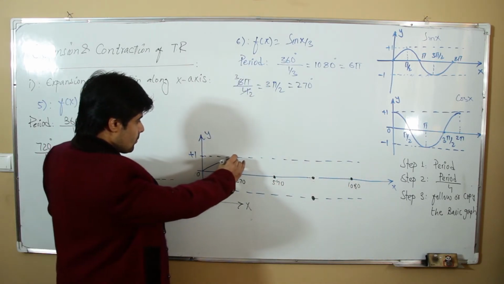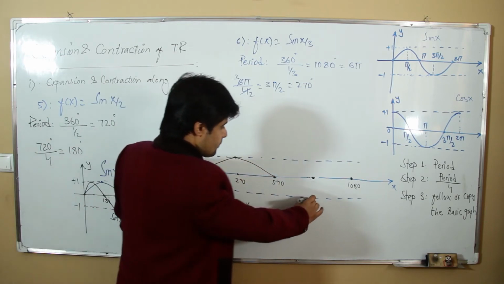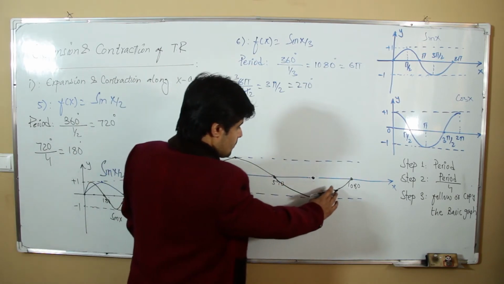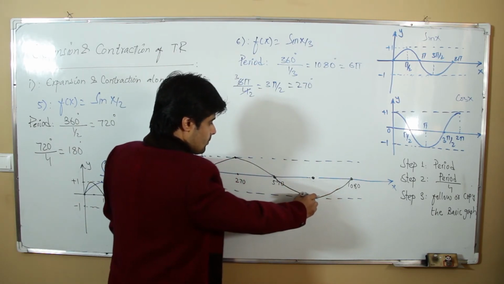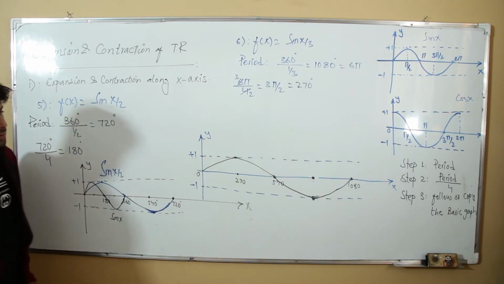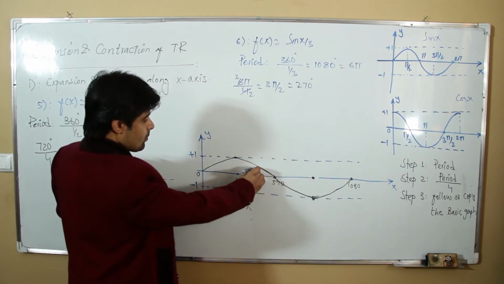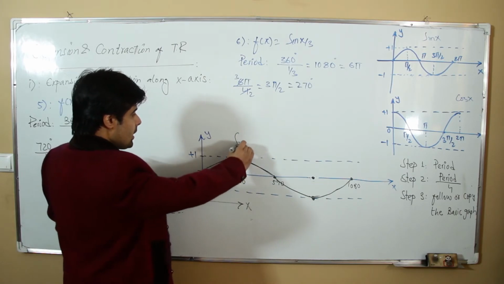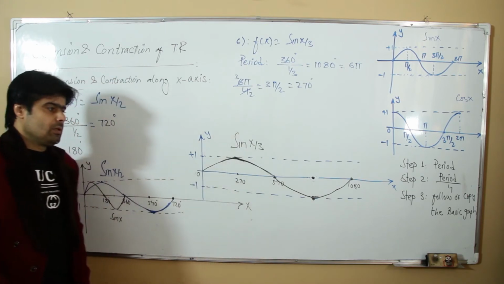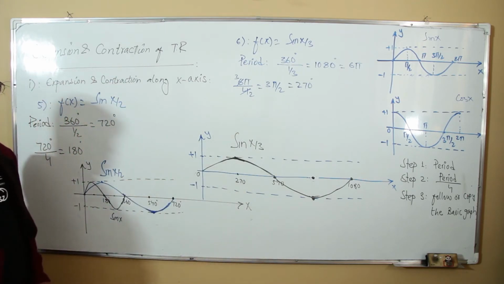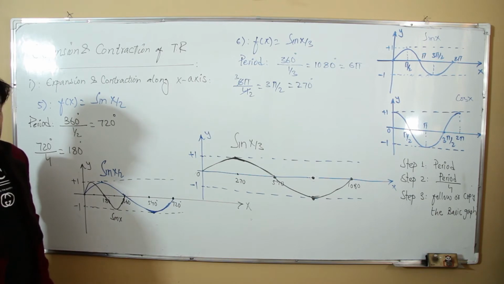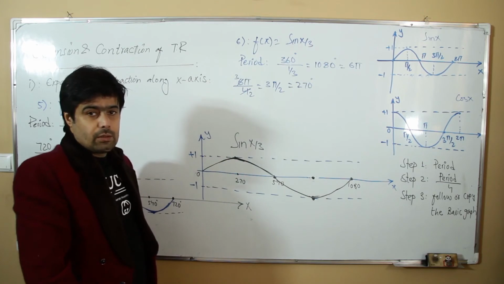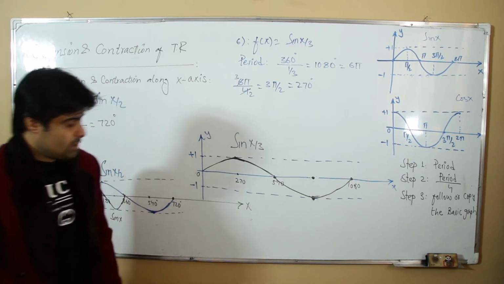So this is the graph for sine x divided by 3. I think you have got it. It's called the expansion. The period is from 0 up to 1080. It means 6 pi. Write it, please.